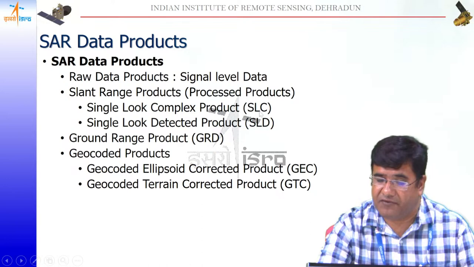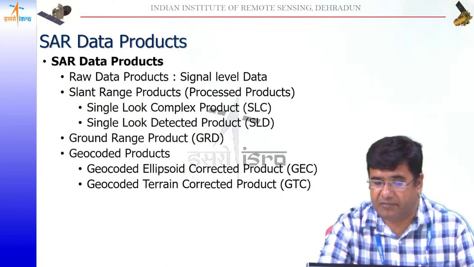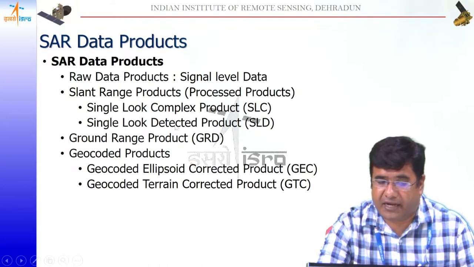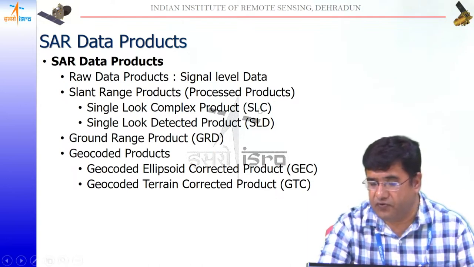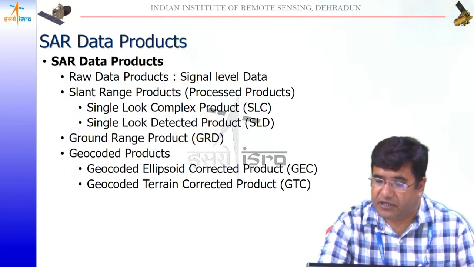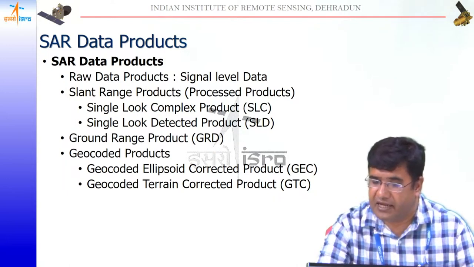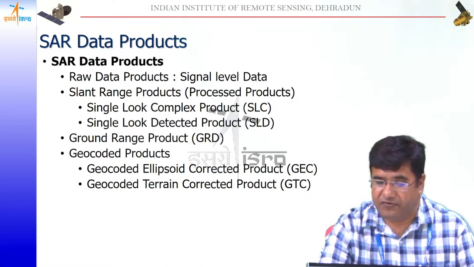SLC means single look complex, having the real part and imaginary part. The single look detected is the amplitude part, a single band image. But in the SLC we have two images, real and imaginary, and there we have to compute the square root of real square plus imaginary square to get an image out of it.